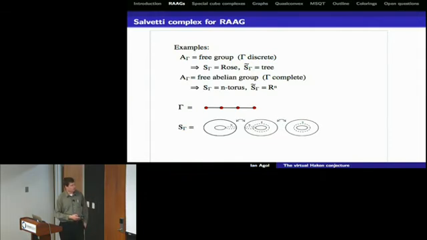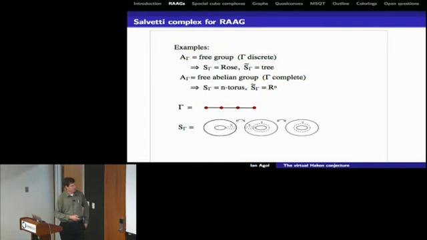So if we took a chain of three edges here, so 4 nodes, then for each of these edges we're going to see a 2-torus. And we glue these 2-tori together along the wedge of 4 loops.